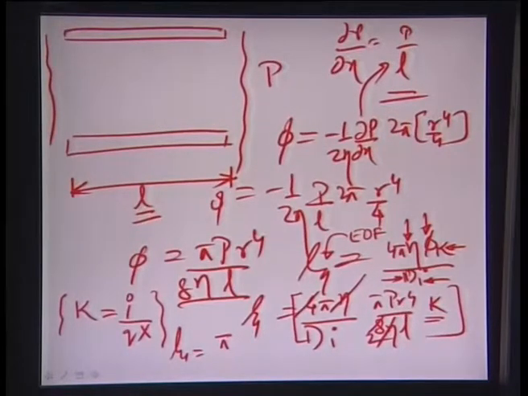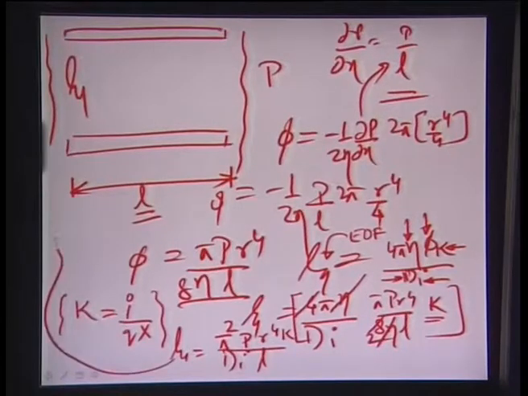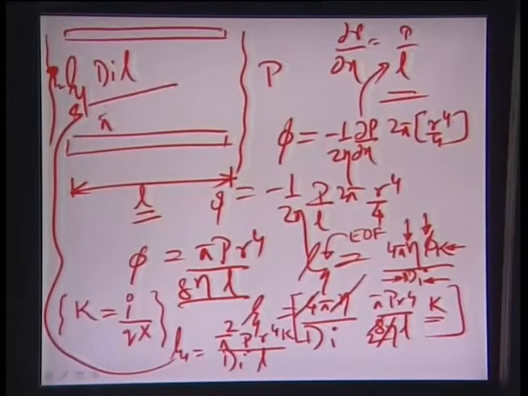You have a case where you have pi square times pressure P r to the power of 4 divided by d I L, and then of course, there is a k term here, which automatically means that the zeta potential in this particular case would relate to the pressure of the medium P by the relationship P is equal to zeta times d I L divided by pi square r^4 k.